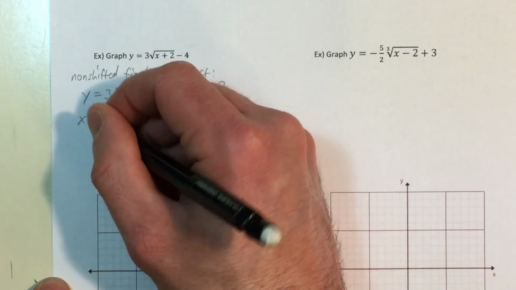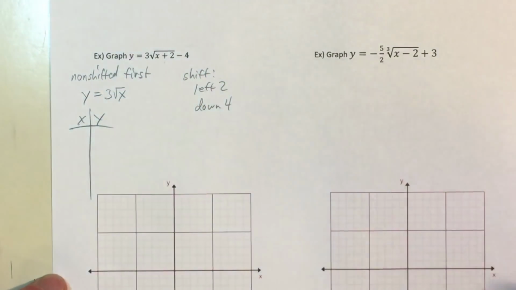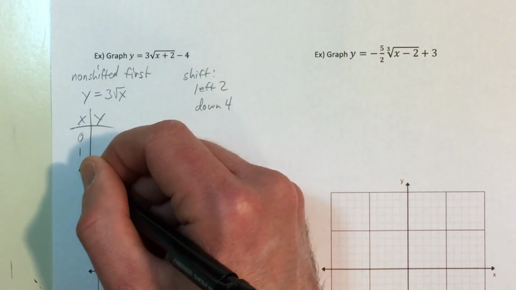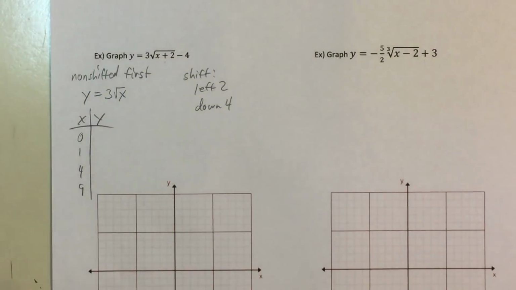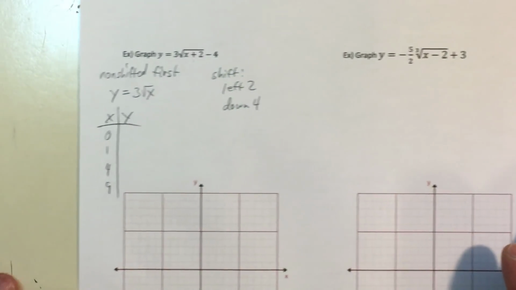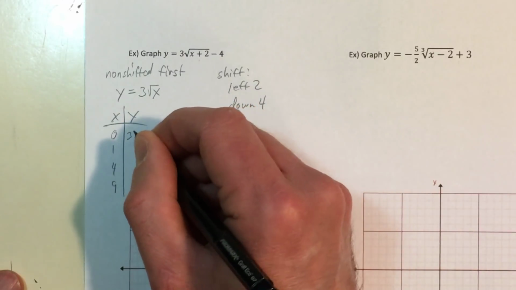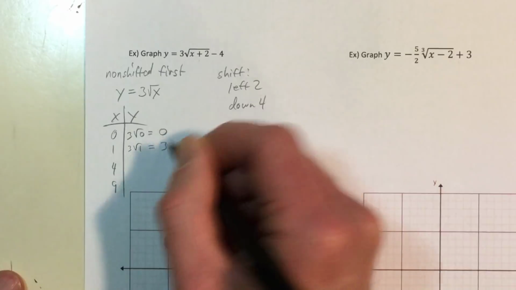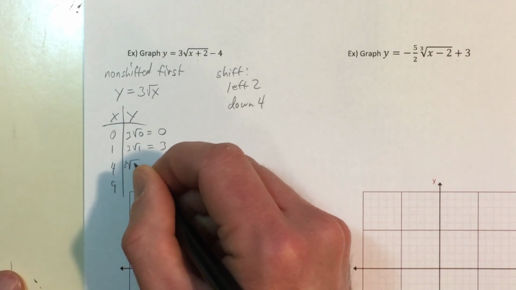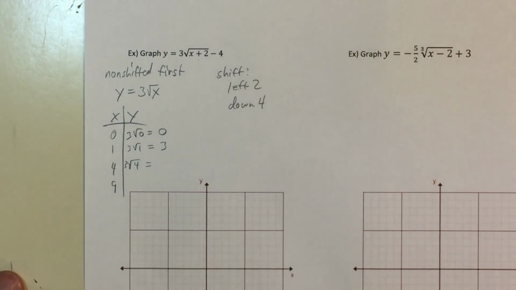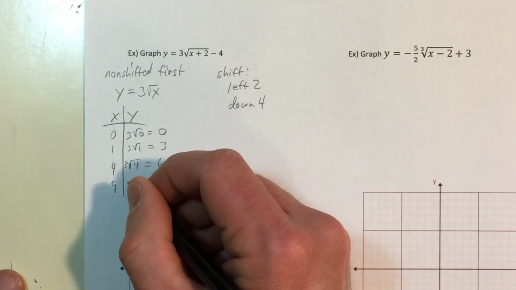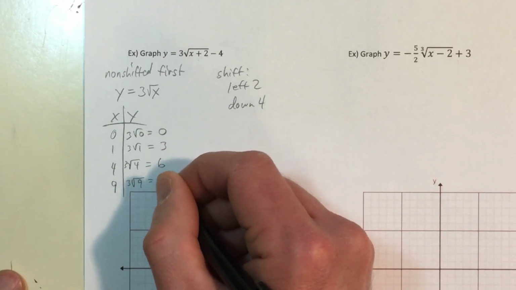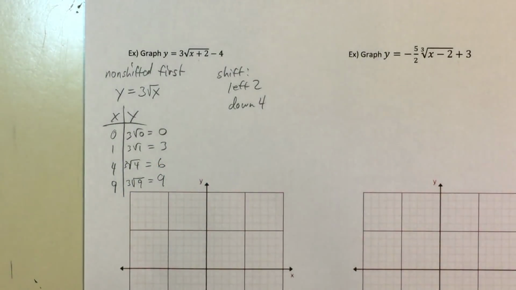So we'll start out, we'll get our table of values. Now since it's a square root, we'll use 0, 1, 4, and 9. That way we don't have to grab a calculator. 3 square root 0 will be 0. 3 square root 1 will be 3. 3 square root 4, square root of 4 is 2, times 3 is 6. 3 square root 9, the square root of 9 is 3, times 3 is 9.